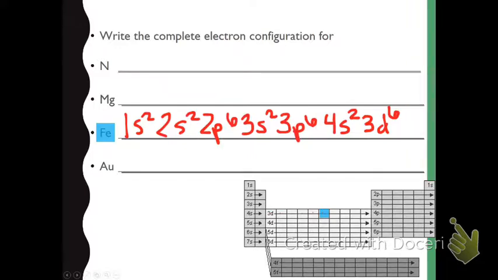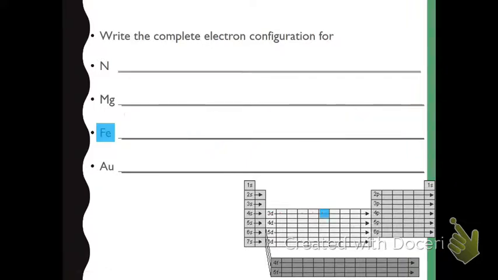Now, gold. Gold is going to, of course, throw one more little twist at us. I'm going to go through this first part because we have to get all the way through the 5th energy level before I even start thinking about what craziness might be happening with gold on the row that it's on. So I'm going to come down through this entire 5th row and then I'll slow down.